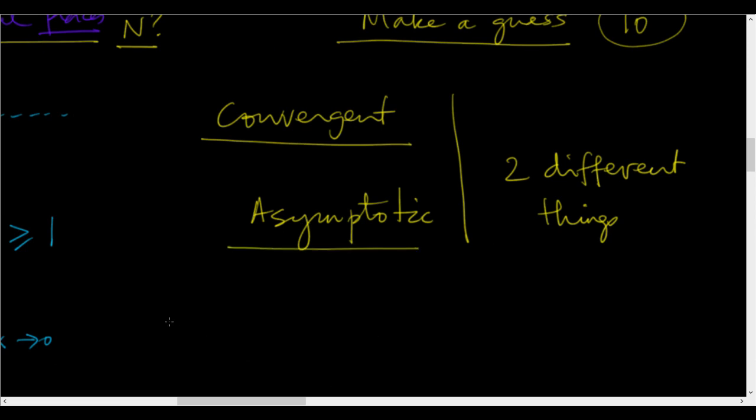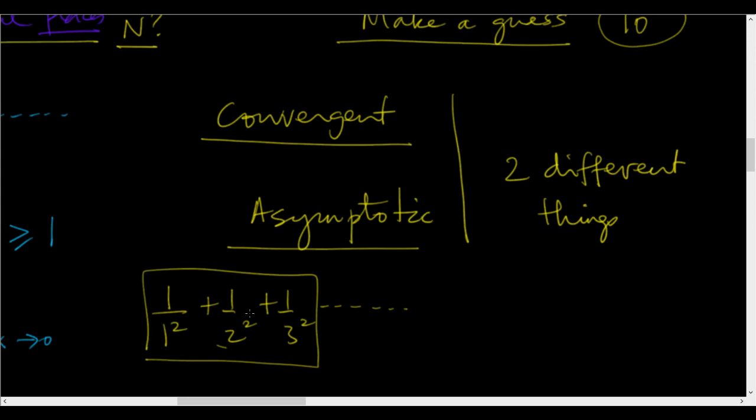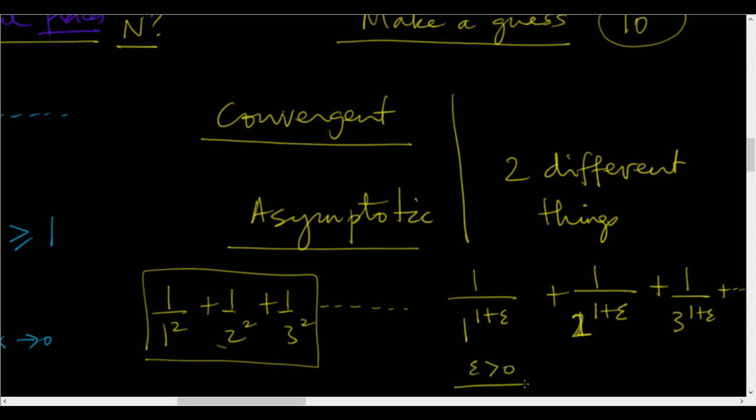So consider this convergent series: 1 over 1 square plus 1 over 2 square plus 1 over 3 square dot dot dot, right? Well, there isn't even a variable here, so that's a problem. But let us consider this series: 1 over 1 to the power 1 plus epsilon, plus 1 over 2 to the power 1 plus epsilon, plus 1 over 3 to the power 1 plus epsilon. So for epsilon greater than 0, this is a convergent series.